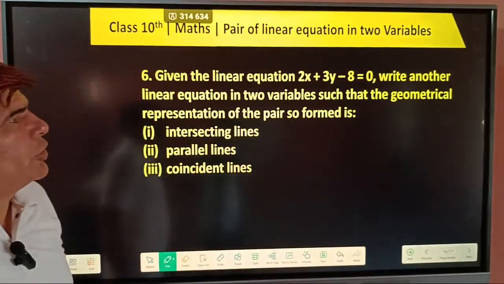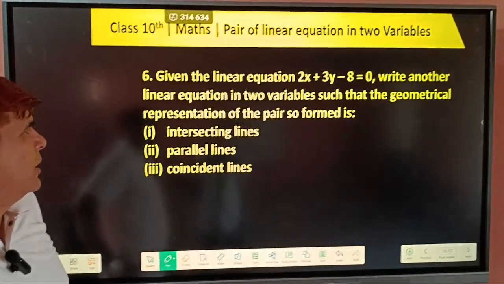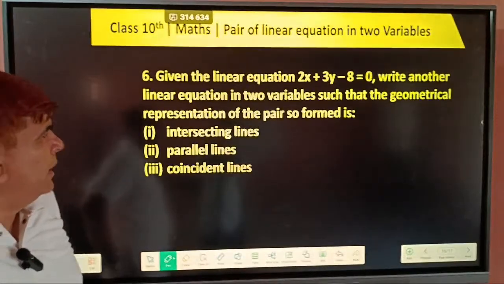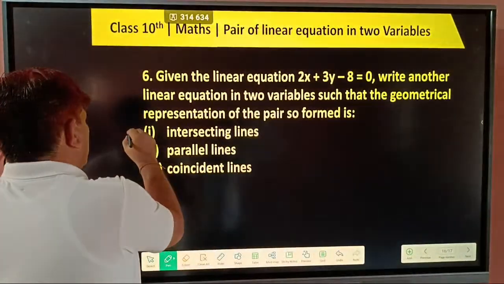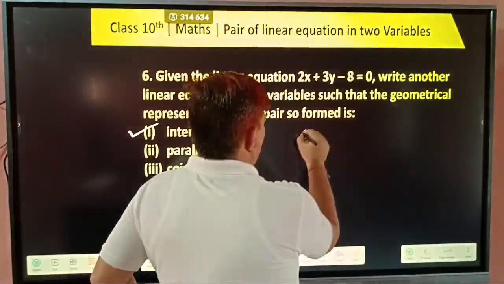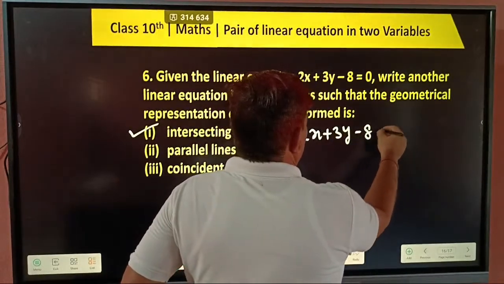Given the linear equation, write another linear equation in two variables such that the geometrical representation of the pair so formed is intersecting lines. So what have you been given? 2x plus 3y minus 8 equal to 0.